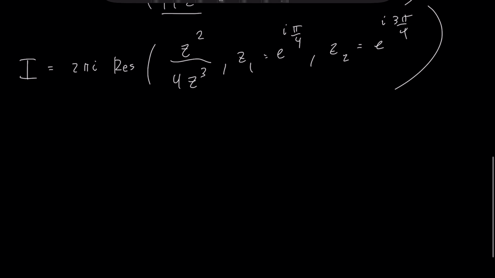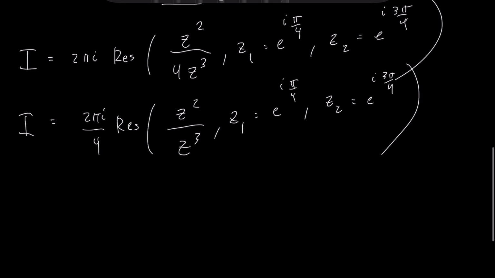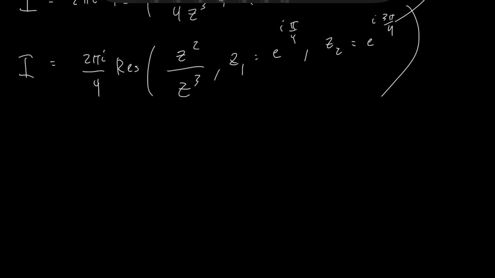So our integral is 2 pi i over 4 times the residue of z squared over z cubed, where z1 is e to the i pi over 4 and z2 is e to the i 3 pi over 4. 2 pi i over 4 will simplify into pi i over 2.